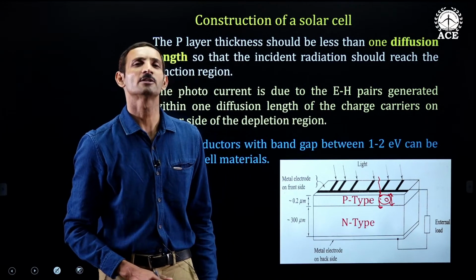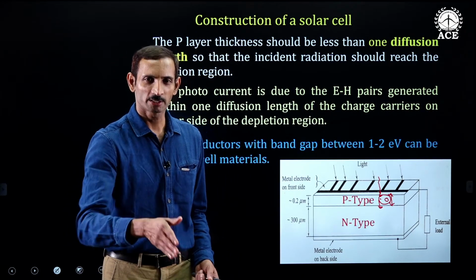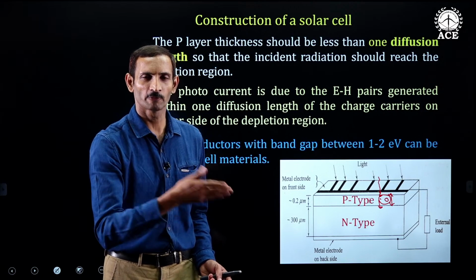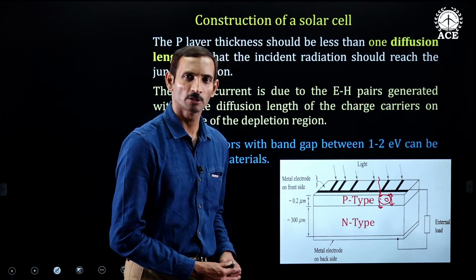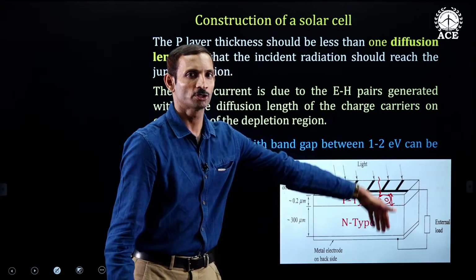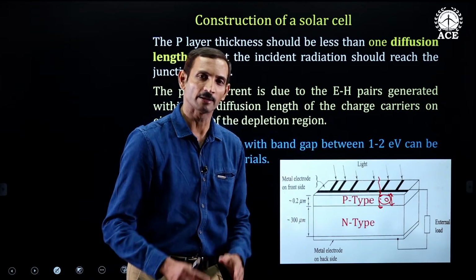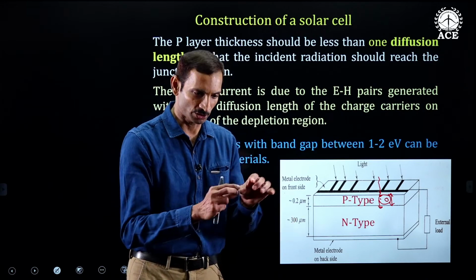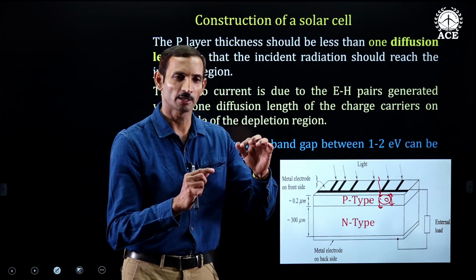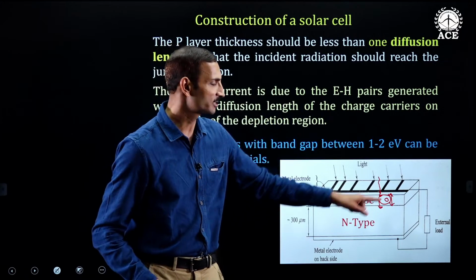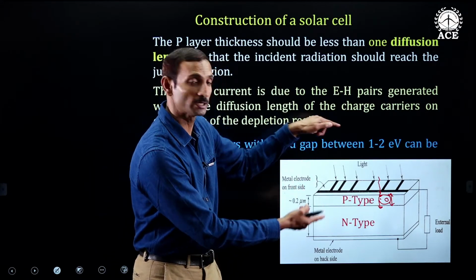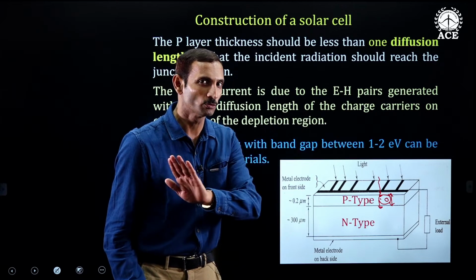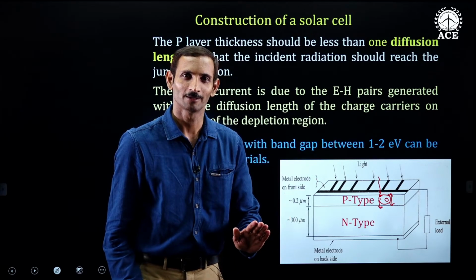Why? What is diffusion length? The distance traveled by the charge carriers before their lifetime ends, which would be of the order of a few microns. If this is thick, the charge carriers die before reaching the junction itself. There is no possibility of charge separation at the junction, and no possibility of a potential difference or different polarities across the two ends of the junction. There is no such possibility, no cell, right?